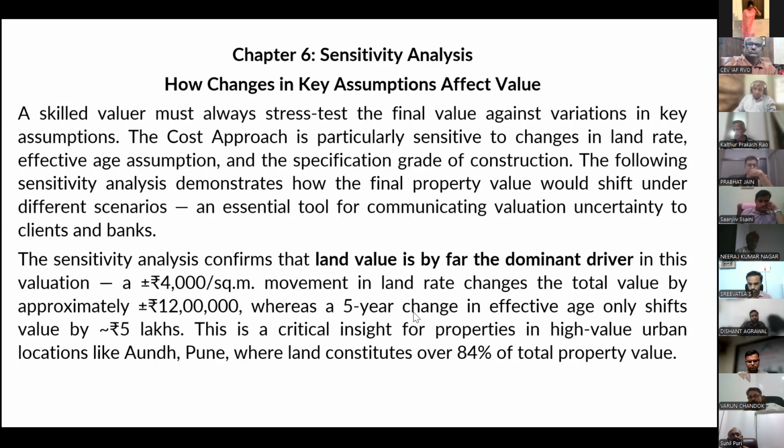And if you change the effective age by 5 years, let us suppose, the value will change by only 5 lakhs approximately. Instead of 12 years, if you take 7 years or 17 years, the value will change by only 5 lakh approximately. So the land value is the far dominant driver in this valuation.